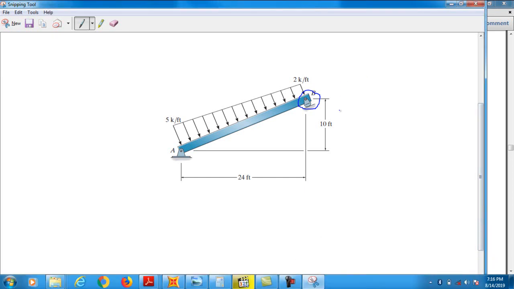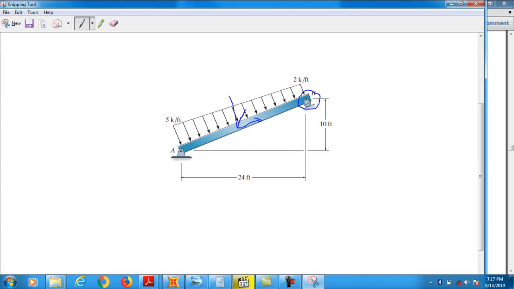So, for example, this AB, we can see this is a beam. Clear? So this beam has its local axis, that will be seen once we assign those local axes to this beam.